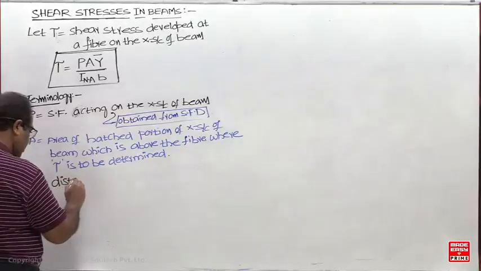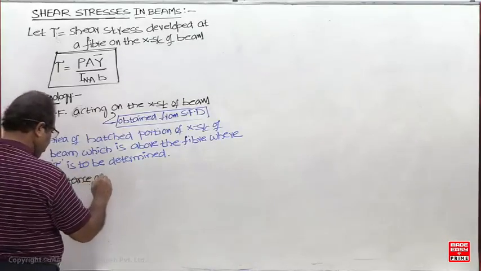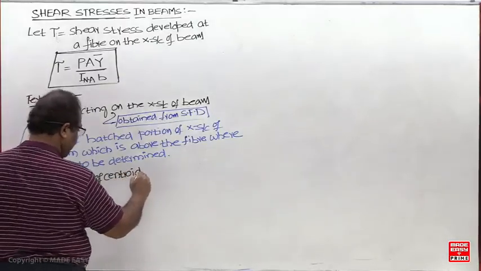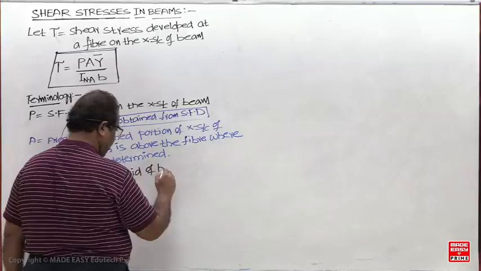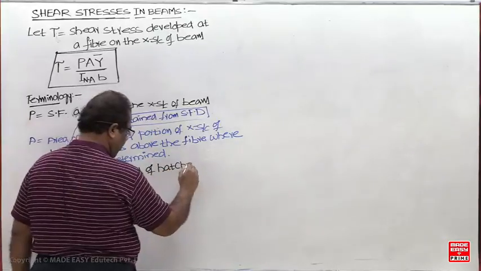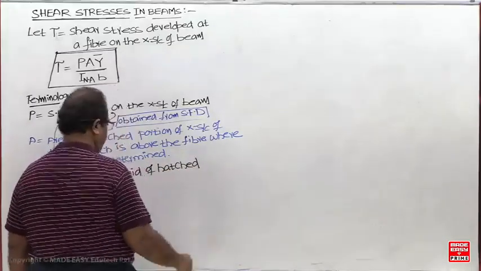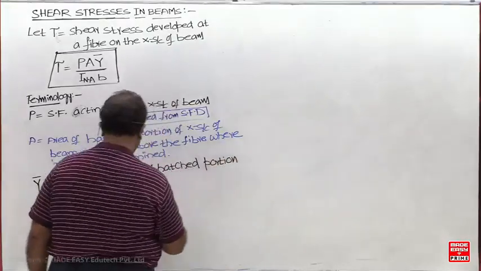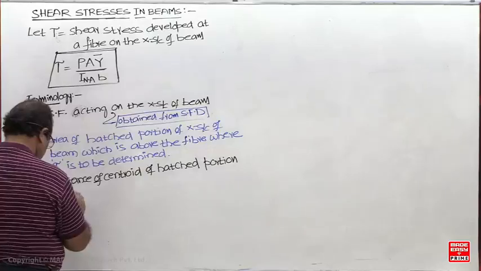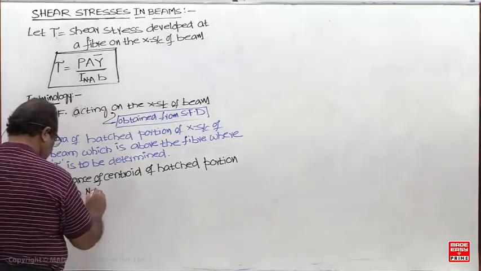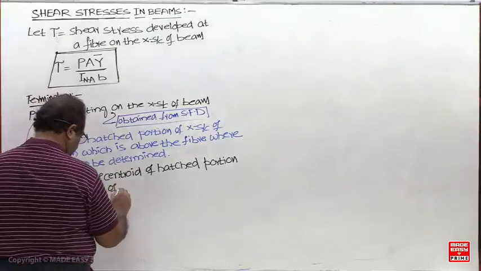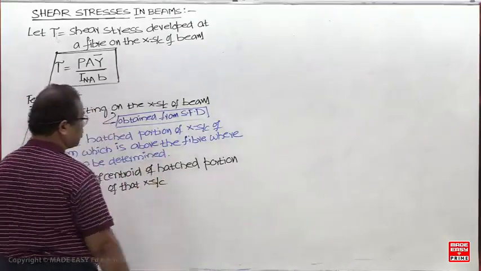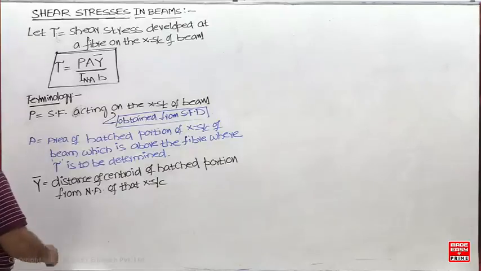Next, y bar is the distance of the centroid of the hatched portion from the neutral axis of that cross section.